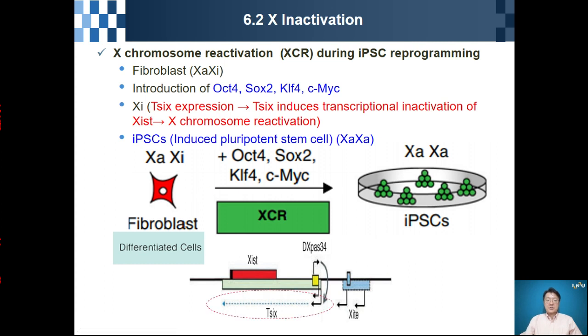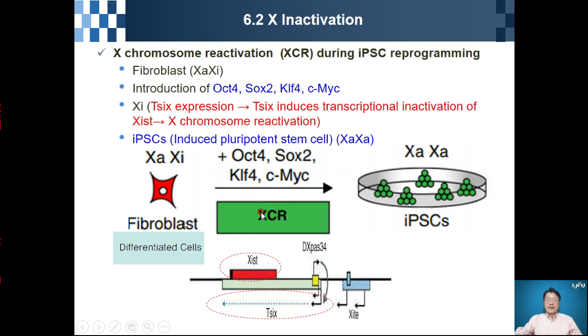TSIX expression happens. Okay, this TSIX induces transcriptional inactivation of cis non-coding RNA. So finally, it will make X chromosome reactivation.